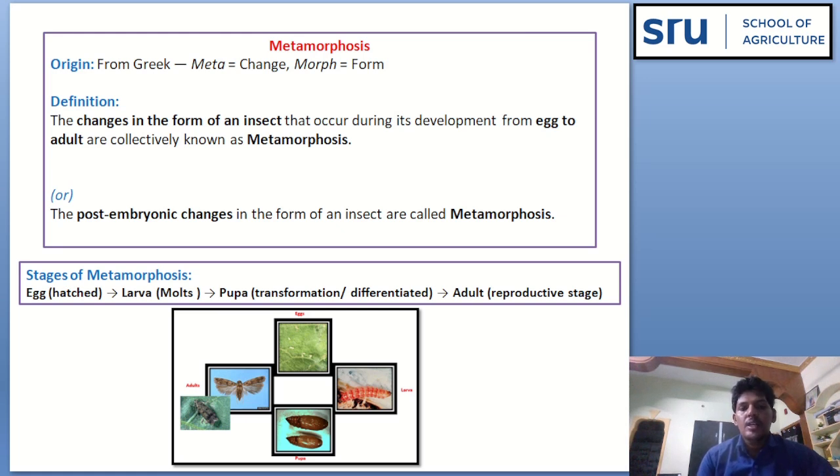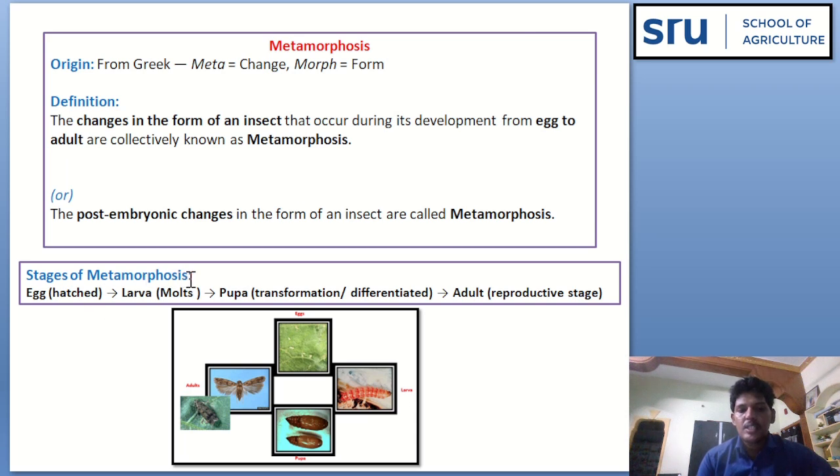That is, the changes in the form of an insect that occur during its development from egg to adult stage are collectively called metamorphosis, or the post-embryonic changes in the form of an insect are known as metamorphosis.